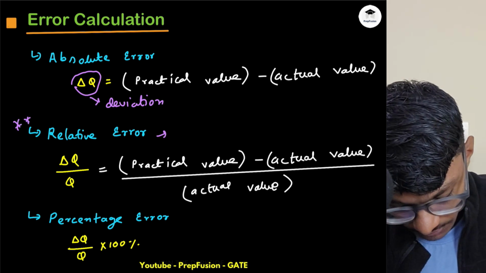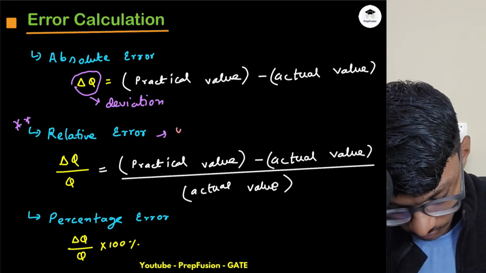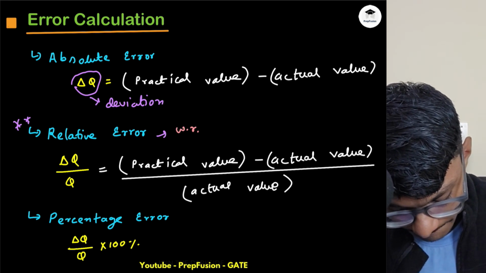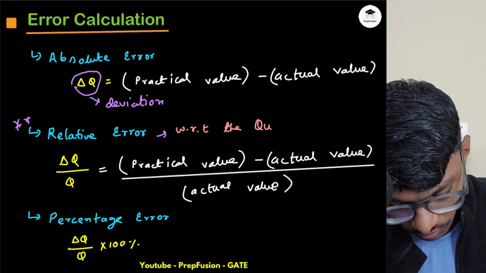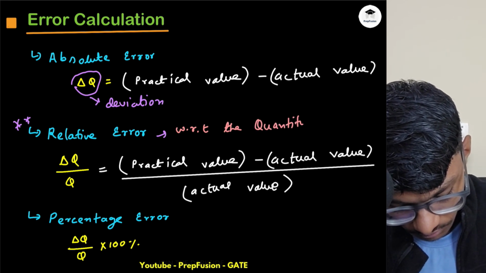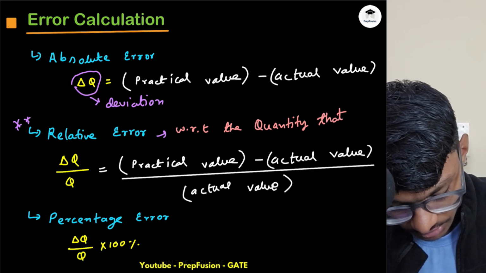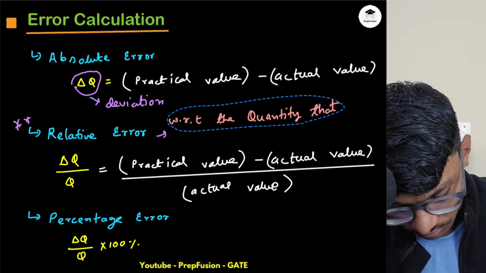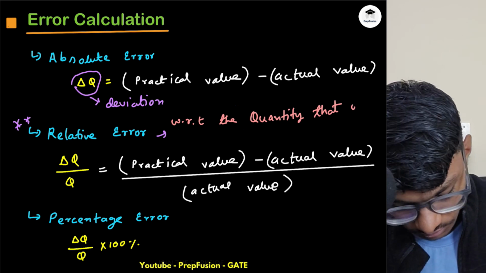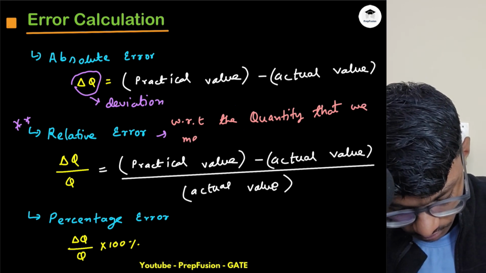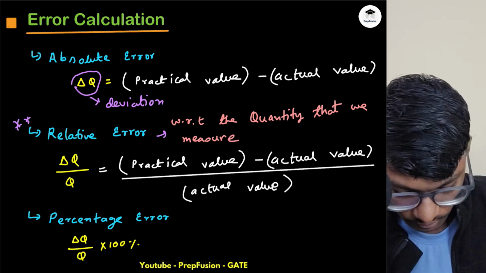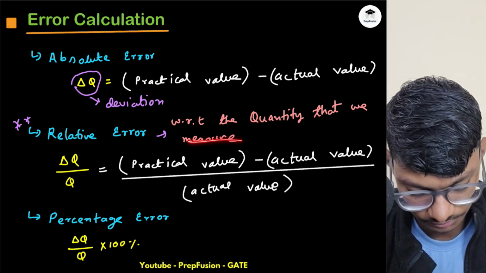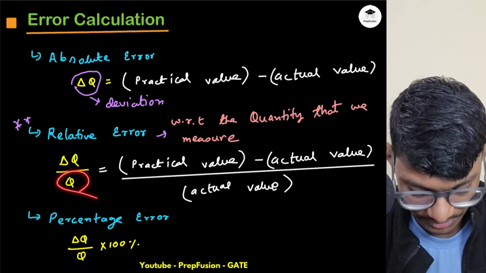Basically, we simply divide by the actual value.